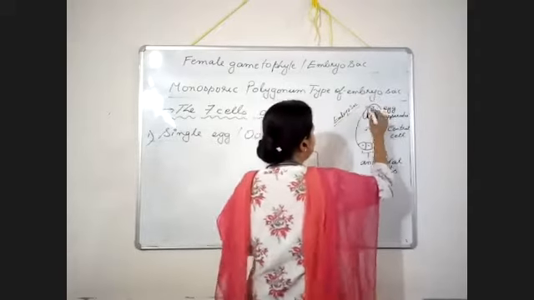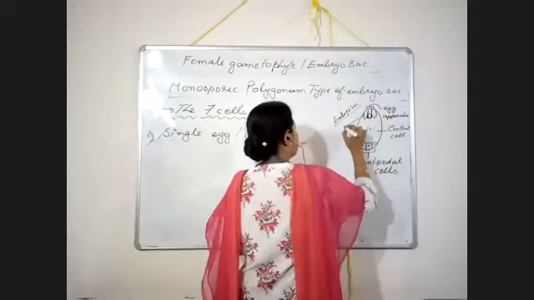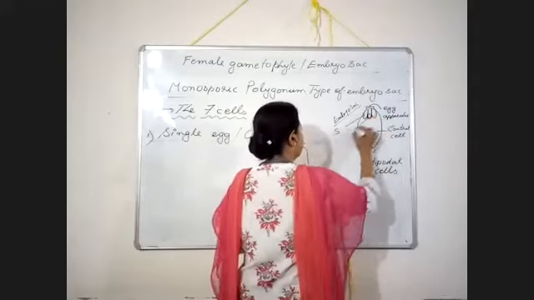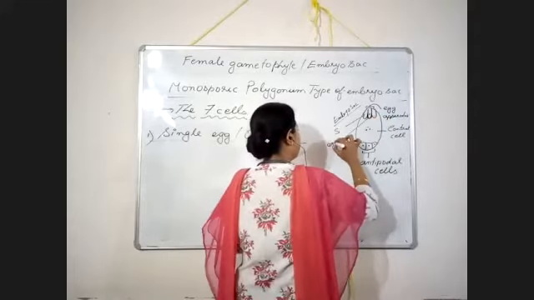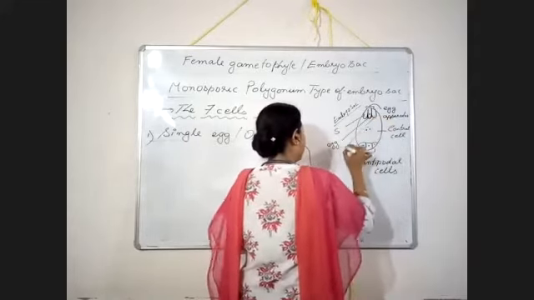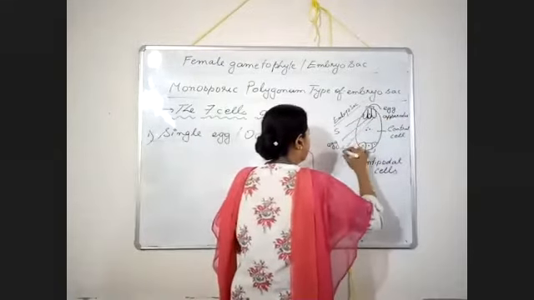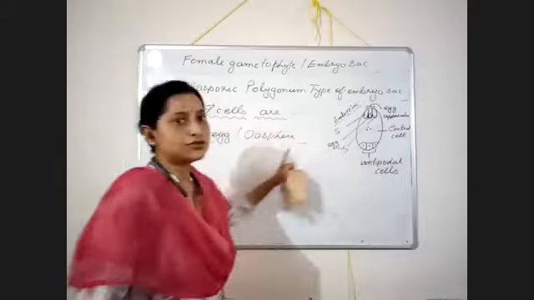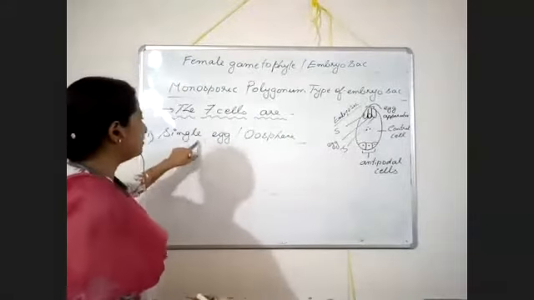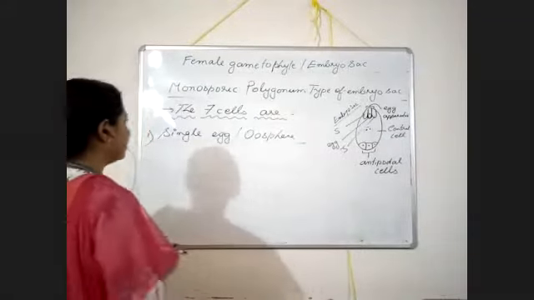In this egg apparatus, this one is the synergid, this one is the egg, and this one is also a synergid. So we have the first one, that is the single egg or the oosphere.